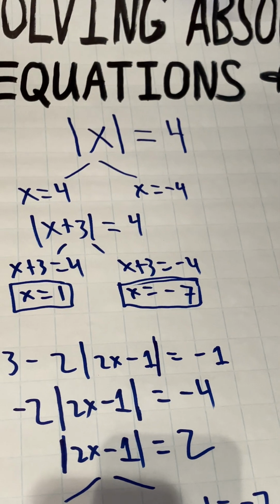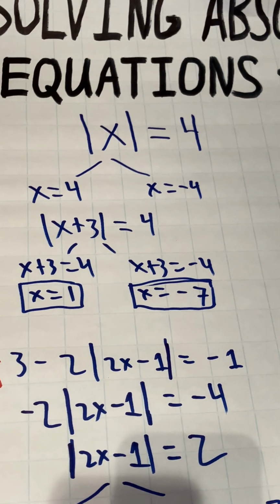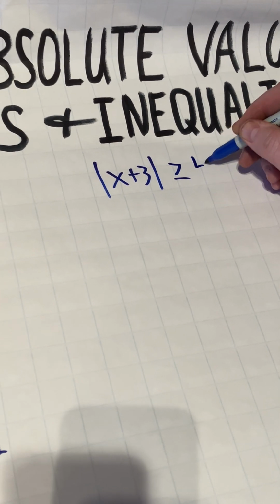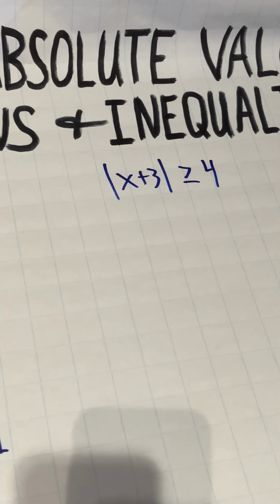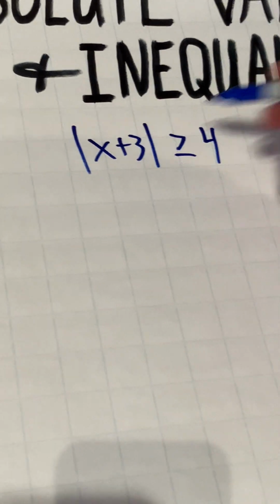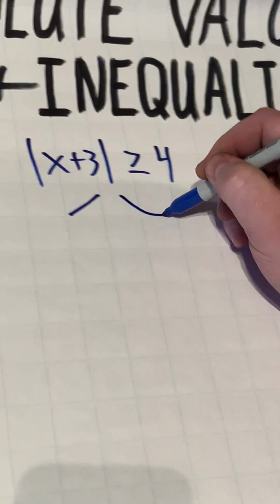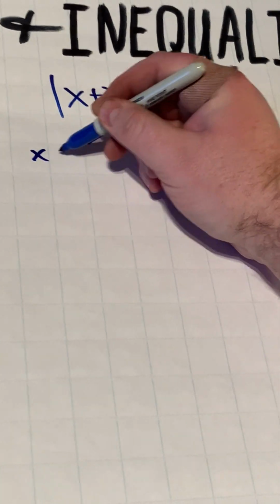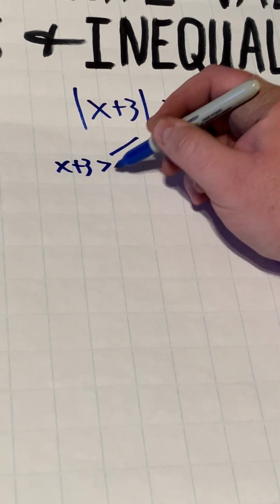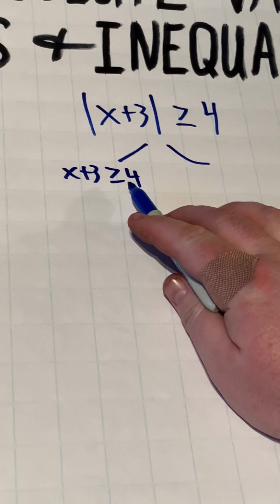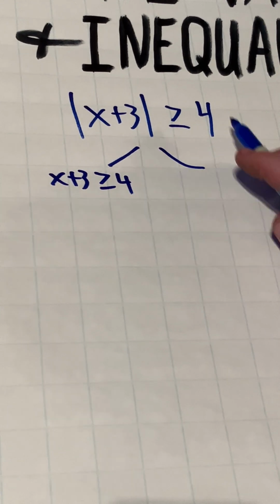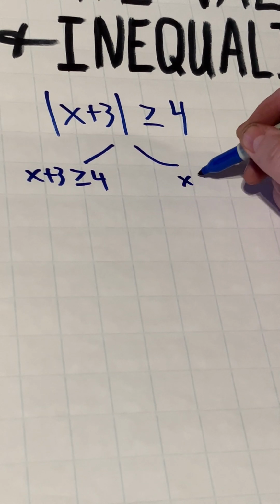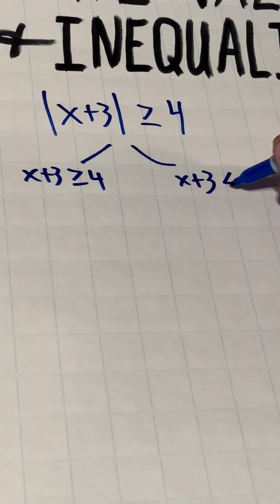So something like the absolute value of x plus 3 is greater than or equal to 4. Well, I'm still going to go ahead and break this up into two inequalities. And the first one's going to be x plus 3 is greater than or equal to 4. And the second one, just like before, I make it -4, except I also flip the inequality.